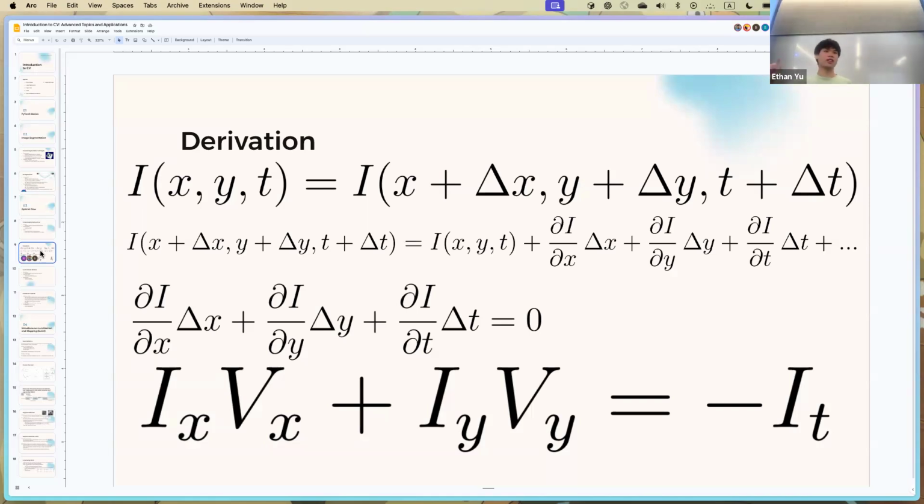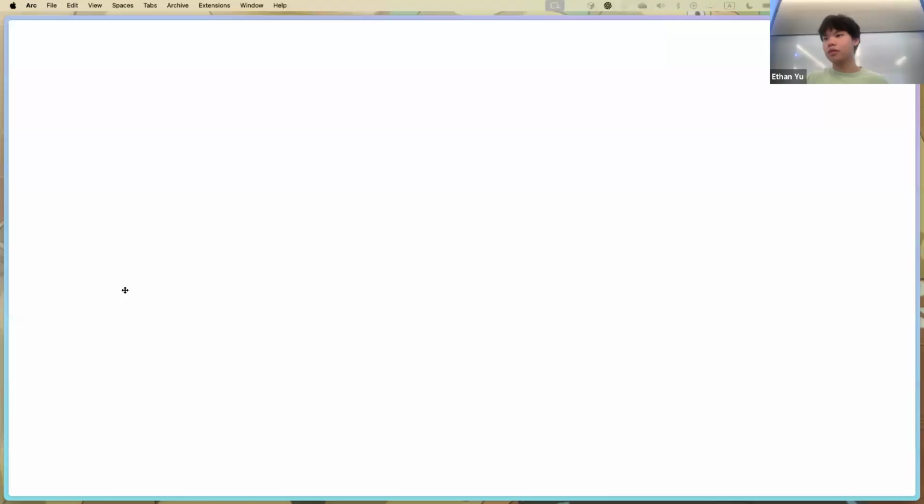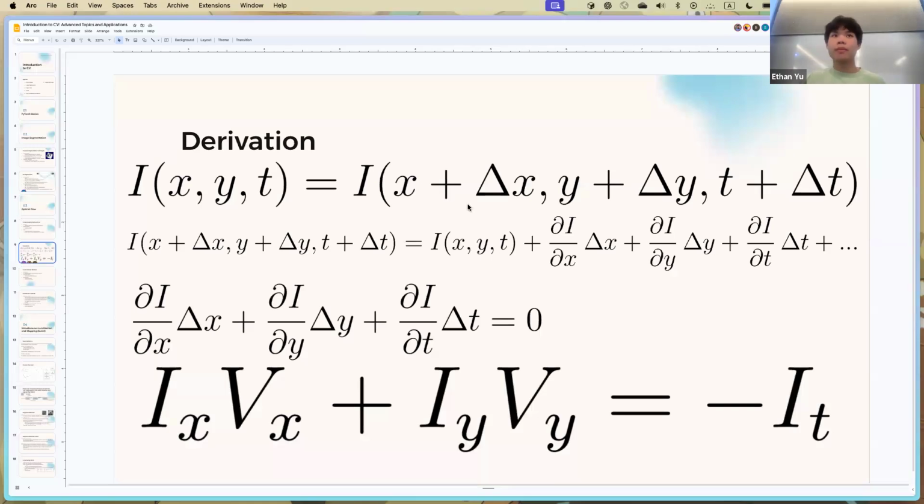That's what the equation means, but conceptually, at your particular point x, how does the intensity change in the x direction? And partial I partial y is similarly, at your particular point, how does the intensity change in the y direction? And partial I partial t is, at this particular time step, how does the intensity change?